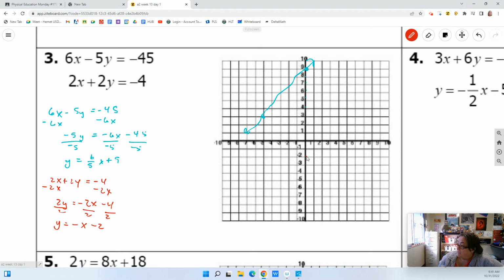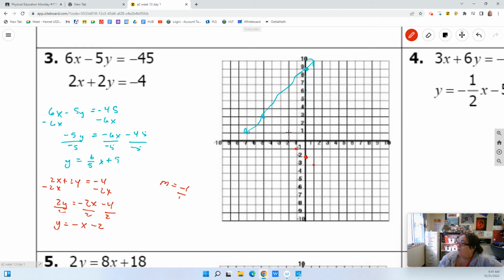And so we know that right here on the y-axis, we have a point. Negative x means that my slope equals -1, right? Or -1 over 1. Which means that I could go up 1 and -1, or I could go down 1 and +1, and I could do it forever, right?